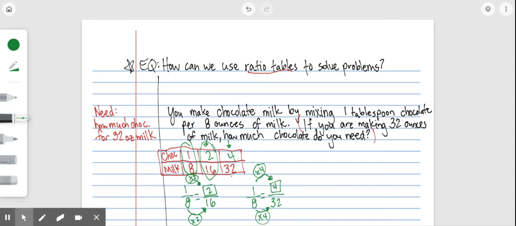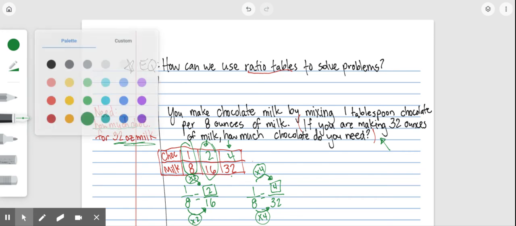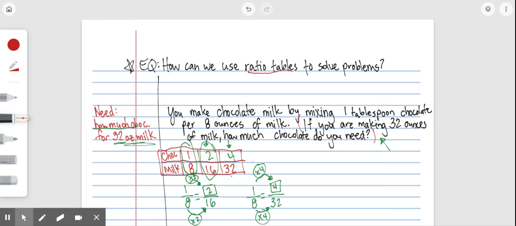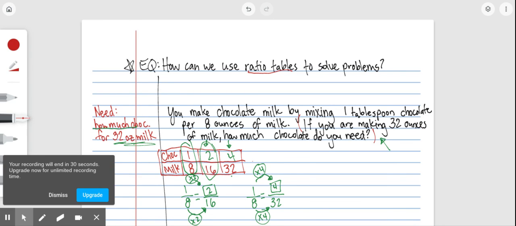Okay. Now, the point of filling out the table is that now that I have the table filled out, I can answer my question. The question said, if I have 32 ounces of milk, how much chocolate? So let's look at the table. Where does it say that I have 32 ounces of milk? Where on this table does it say I have 32 ounces of milk?